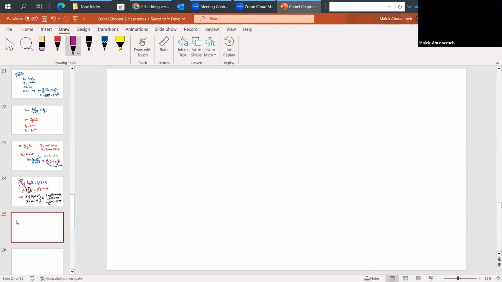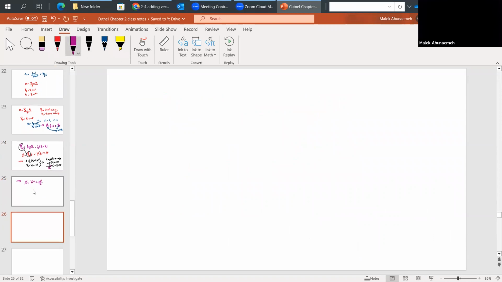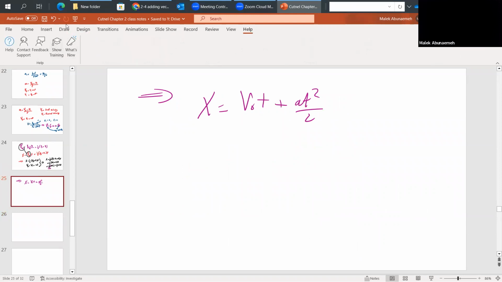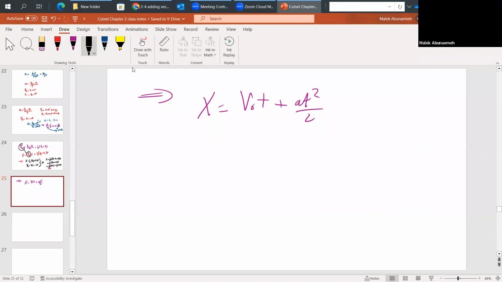Let me go ahead and do it over here. That means your X is going to equal V naught T plus A T squared over 2. Now, what is X? We define X as a fancy word for distance.